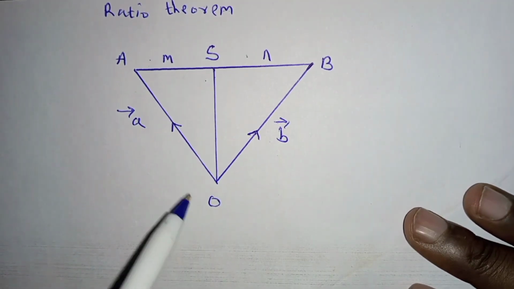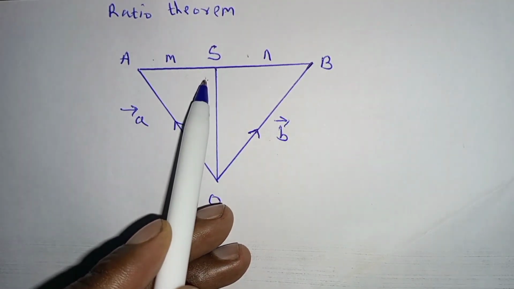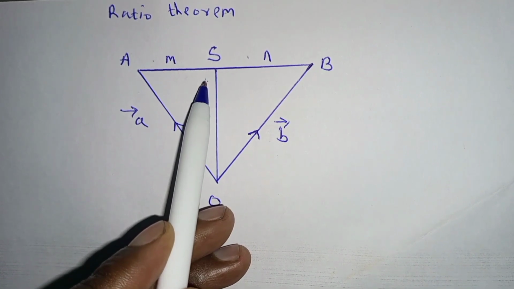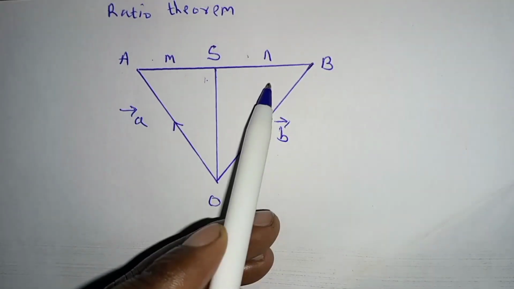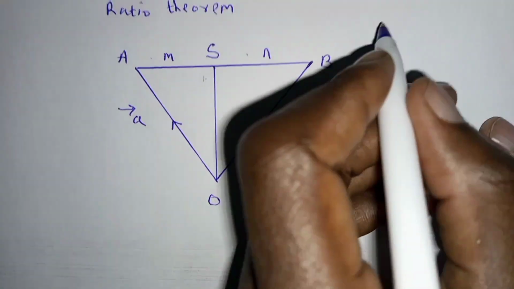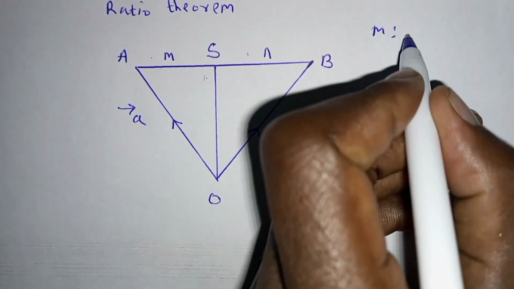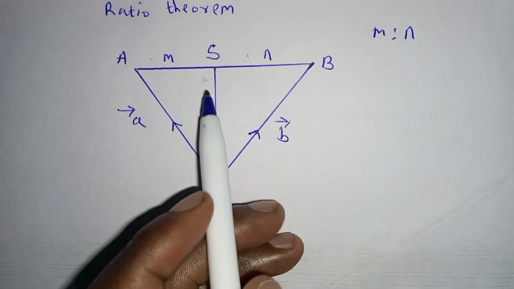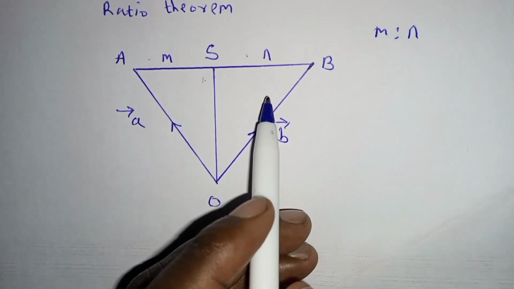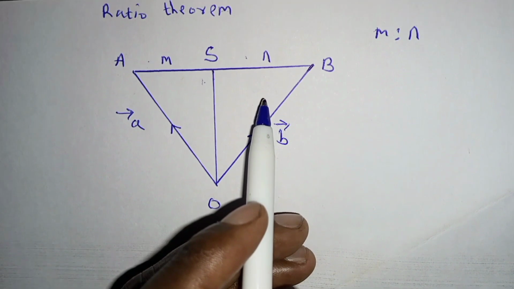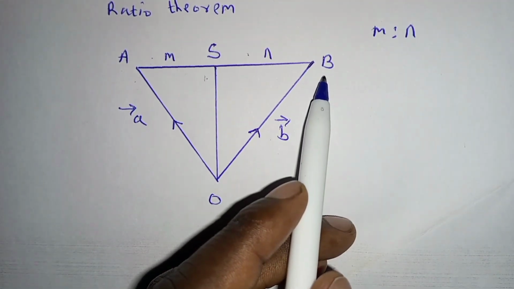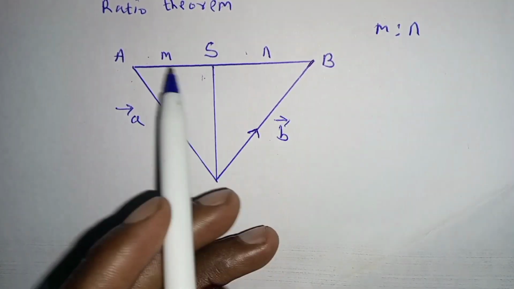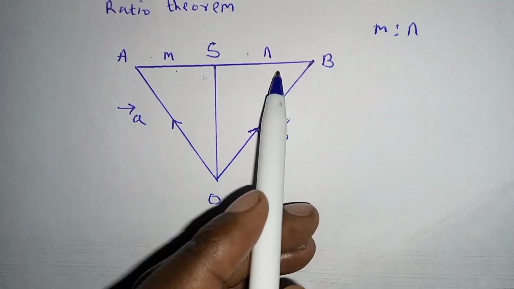In this figure, point S divides the vector or the line A and B in the ratio m is to n. That is, this point here, point S, divides this line A B in the ratio m is to n.